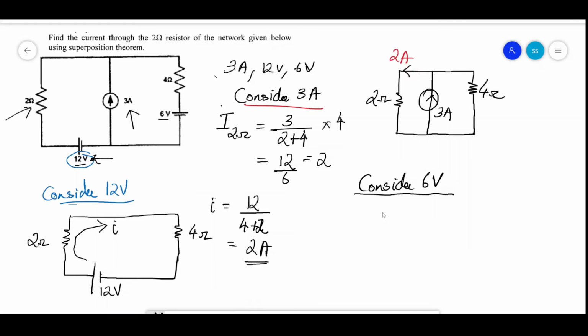So the 3 ampere source is removed again. This is the circuit: 4 ohm, 6 volt, the 12 volt is short circuited, and the 2 ohm.